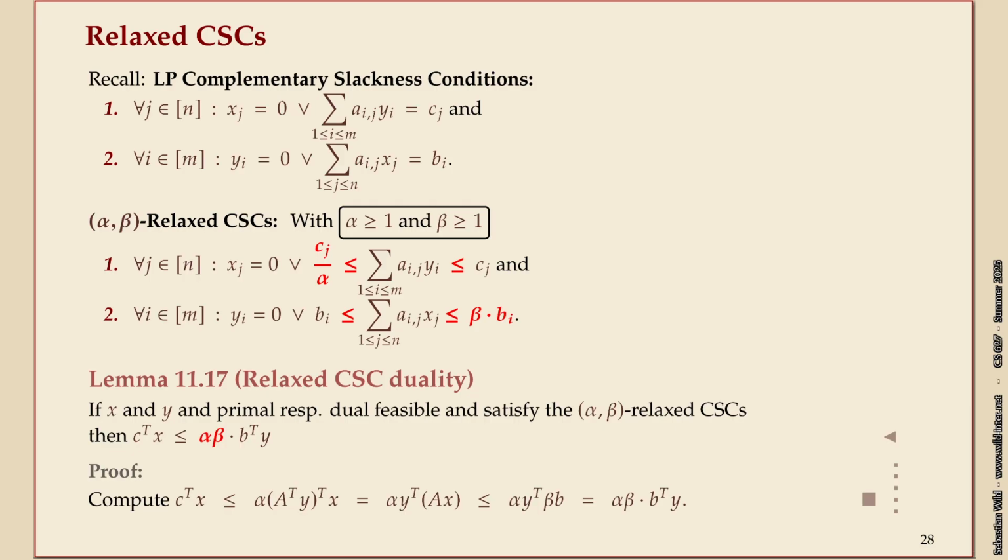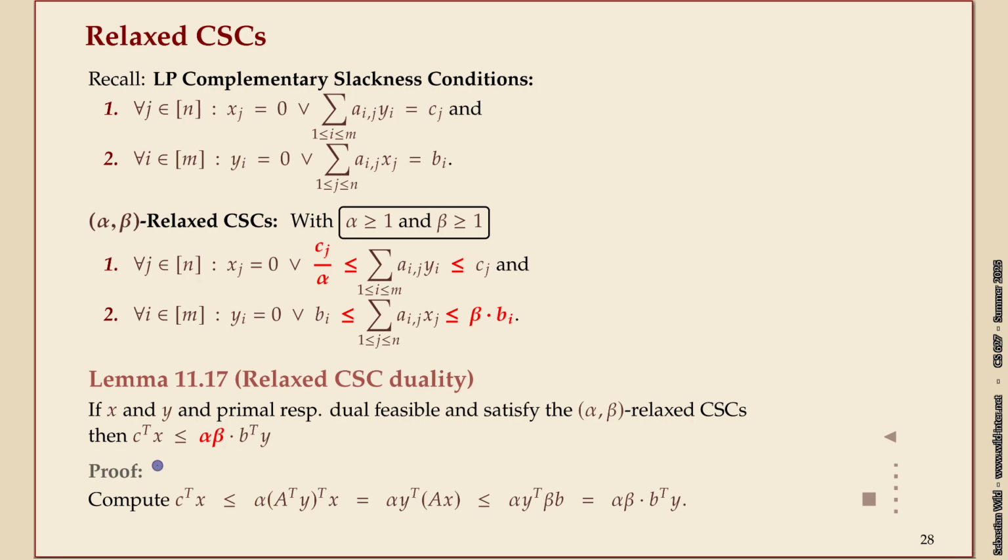And the core of the primal-dual schema is this: if you have x and y, a pair of primal and dual feasible solutions, and this can mean in an ILP or in an LP, both work the same way, whatever problems you're looking at. If they satisfy these alpha-beta relaxed complementary slackness conditions, then you get a quantified version of weak duality.